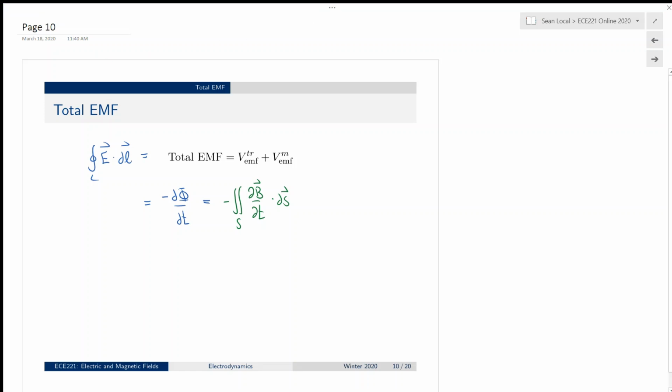And then the motional EMF, which has been our focus today, is the closed contour integral of u crossed with B dot dl. So we can always write Faraday's law in this way. We can decompose the contributions to the total EMF into a transformer contribution and a motional contribution.